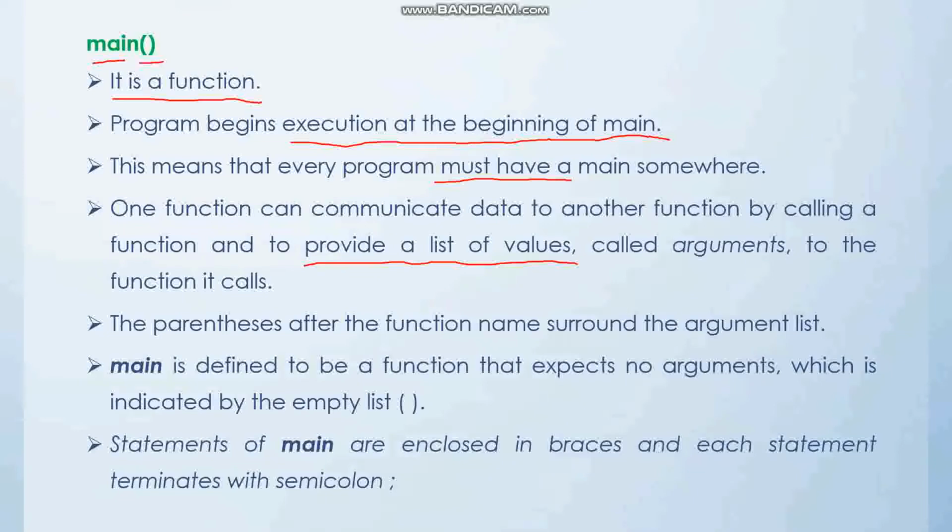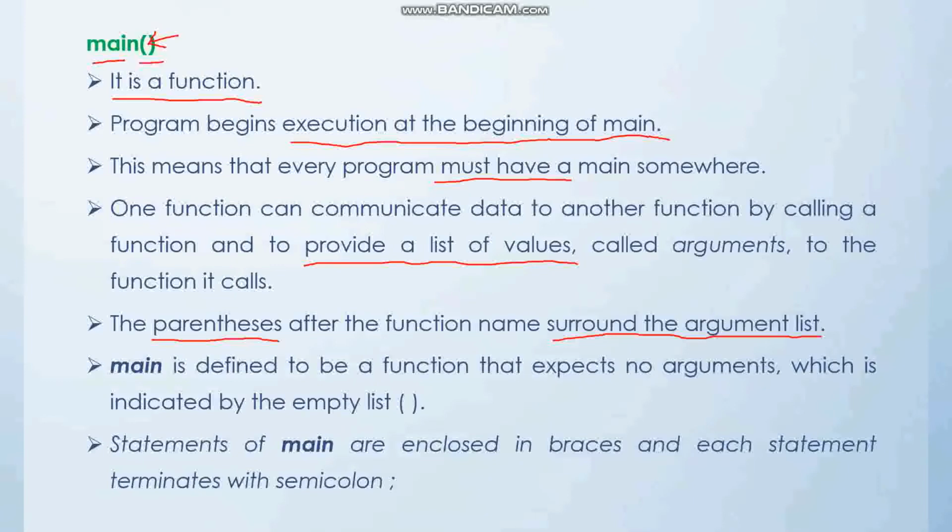The parentheses after the function name surround the argument list. In this example, no argument is passed to the main function. So main is defined to be a function that expects no argument, which is indicated by the empty list.